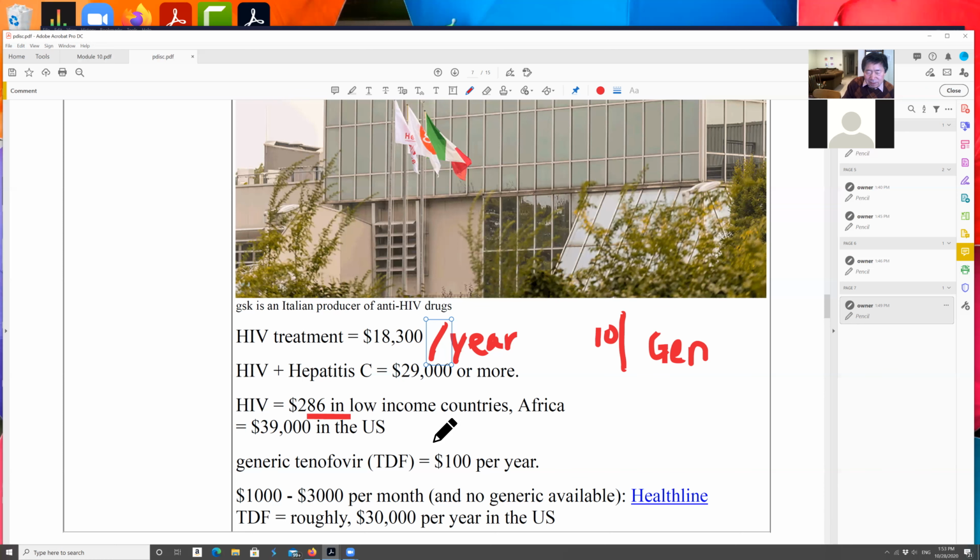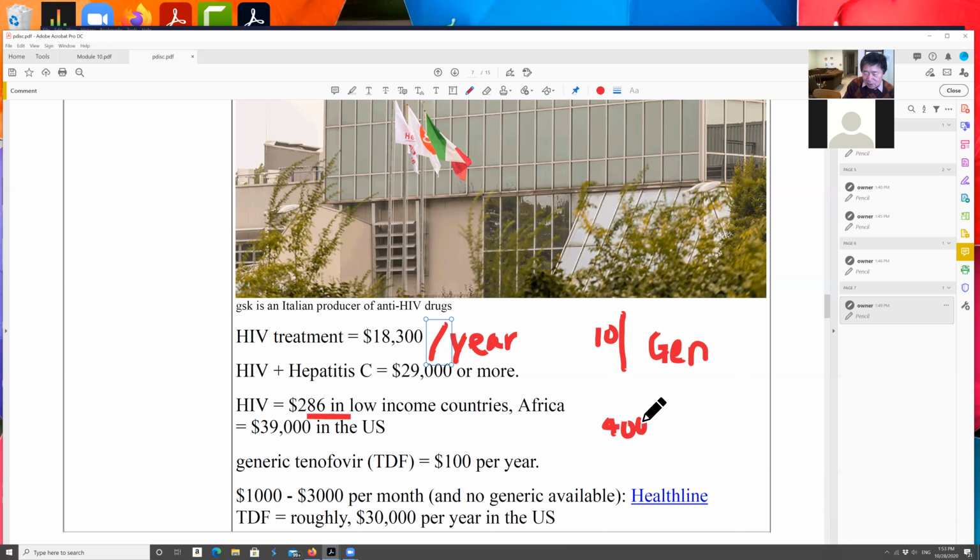No. You have to cut the price. You have to charge like 1% of the price you charge to American consumers. So instead of $39,000, say $400.